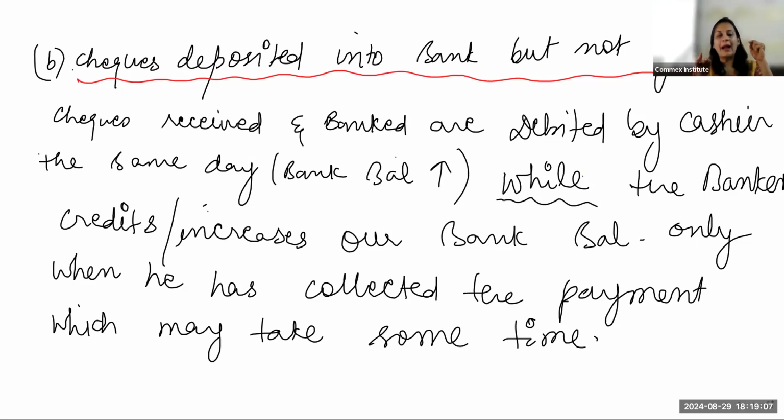Whenever my banker credits my bank account, it increases. So it is opposite. My cashier would debit, my banker would credit. Whenever I receive the cheque, suppose it is collected on the same day, Rehan, then my banker would credit my account and my cashier would debit my account. So of course, a debit and credit thing would be there.